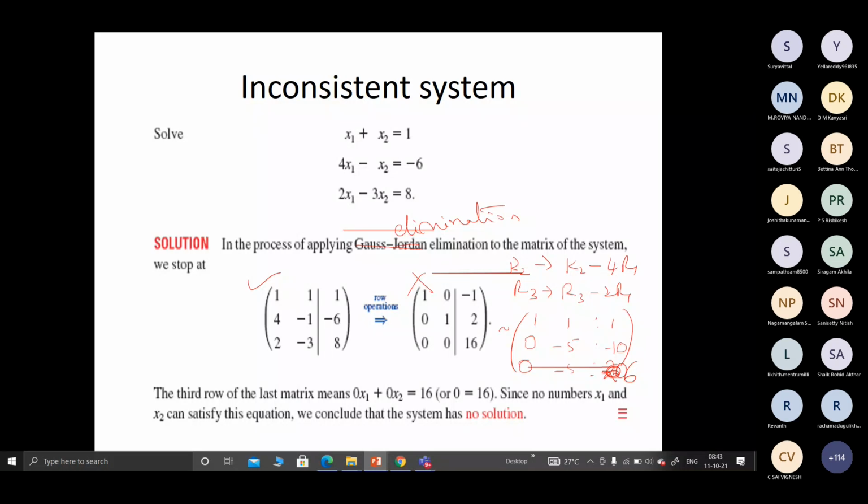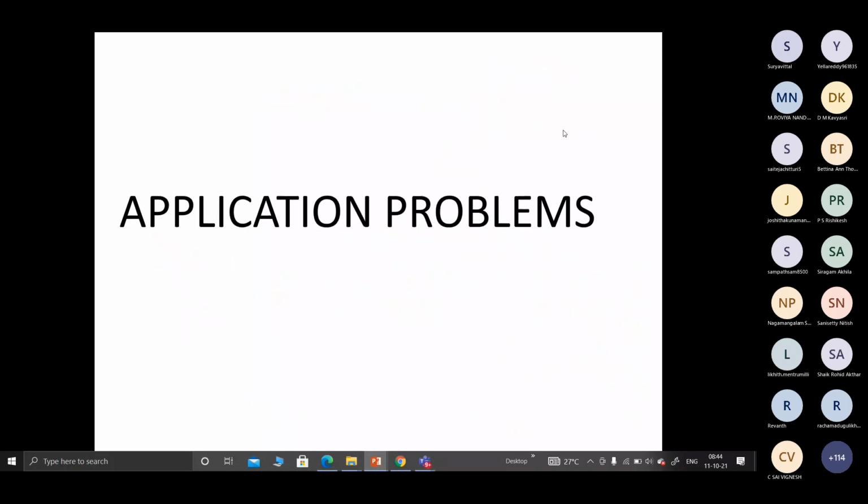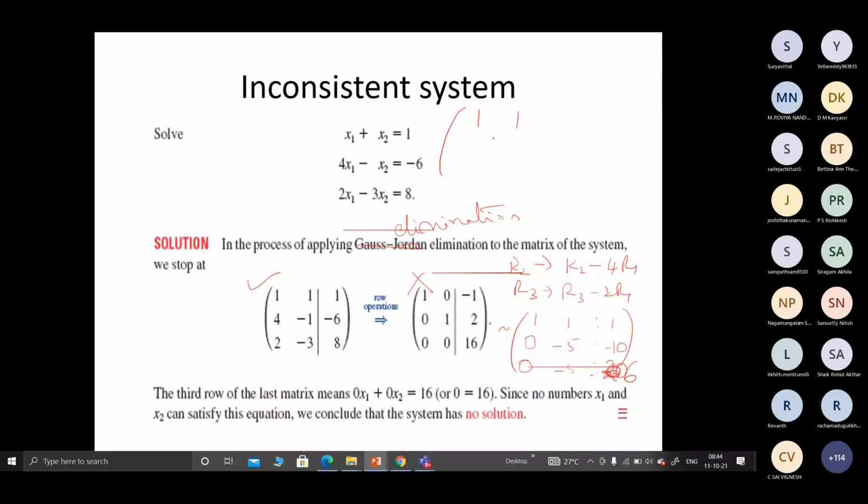So now next step what you do is R2 divided by minus 5. Correct. You can do that, or you can do that later also. No problem. So what happens now? Let me write somewhere here. 1 1 1, 1 1 and 1 here, 0, 1, 2.